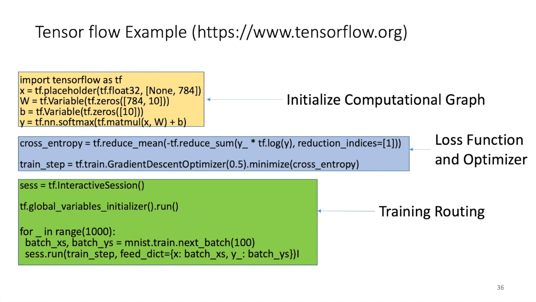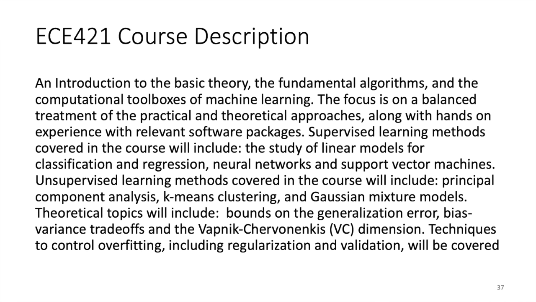But what's important is the knowledge you have under the hood, what's happening in the background. And that's pretty much everything I have here for today. So starting from Wednesday, we're going to start with linear classification. Any questions?